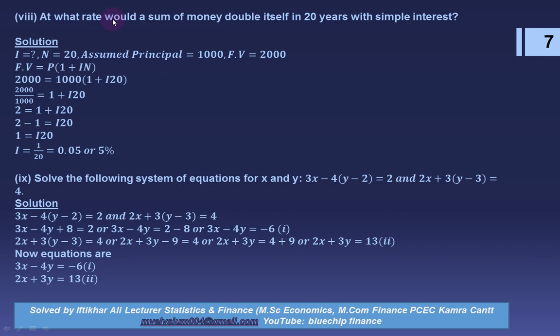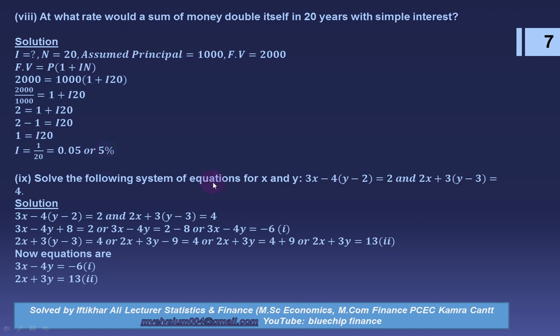So principal amount is 1000, and when it doubles itself it will become 2000. So after putting the values into the formula of simple interest, future value equals P multiplied by 1 plus IN, the interest rate will be 5%.